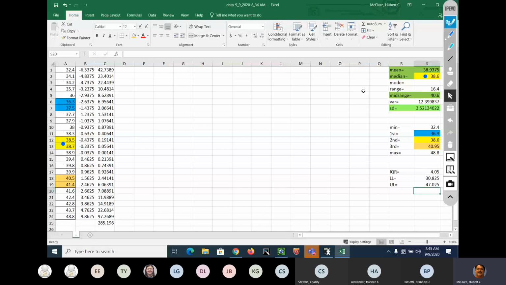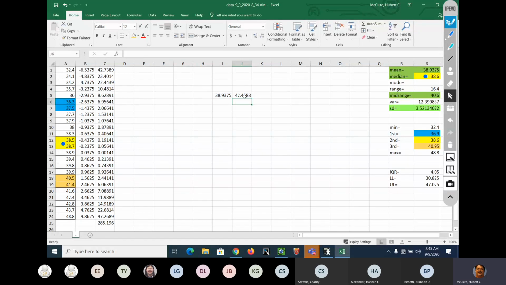Well, first of all, let's do the curve. So I'm going to put the mean right here. And I'm going to add my standard deviations equals this plus the standard deviation F4.